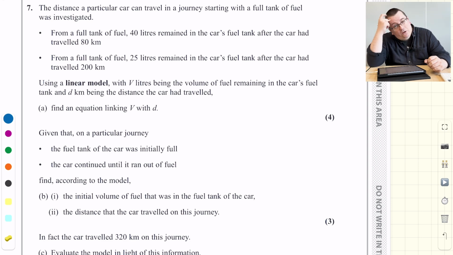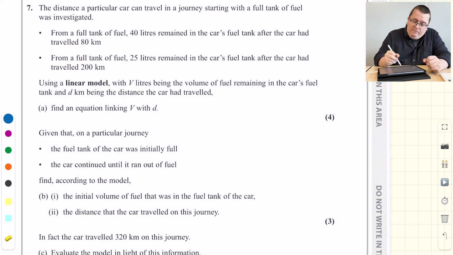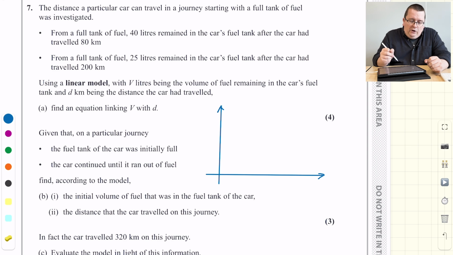I think it would probably be a good idea to draw a little graph here. So let's visualise what's going on. So we're going to have V as the volume of fuel remaining in the tank against D, the distance travelled.